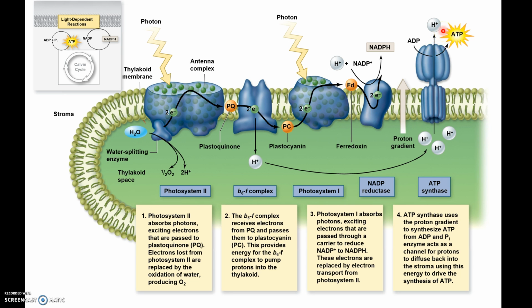The other output of this is that NADP+ is going to combine with hydrogen and this electron right here, and it's going to become NADPH. So when we leave this first step, it's NADPH and ATP that I'm going to take into the next step, which is the Calvin cycle.